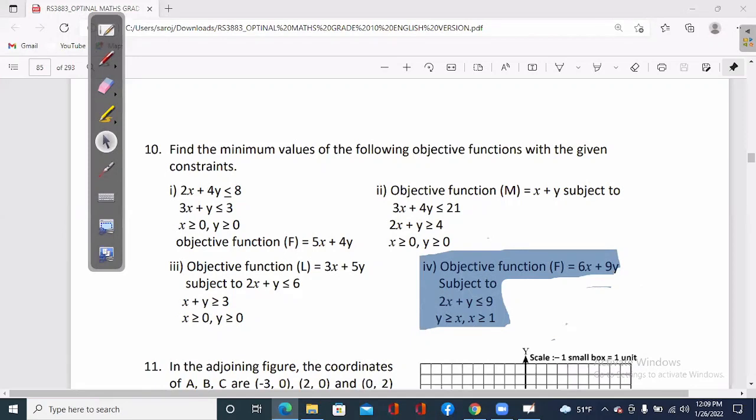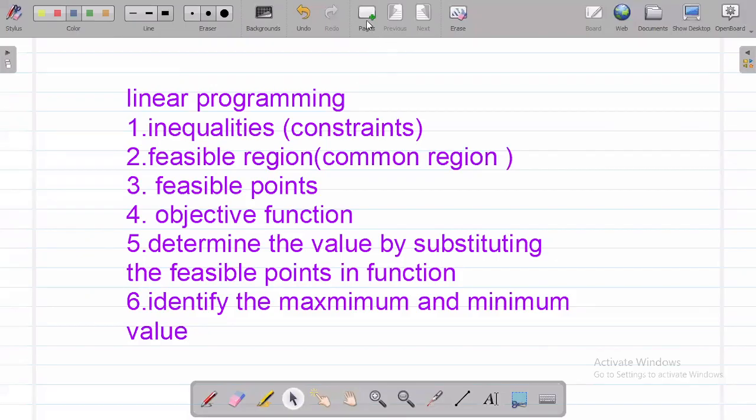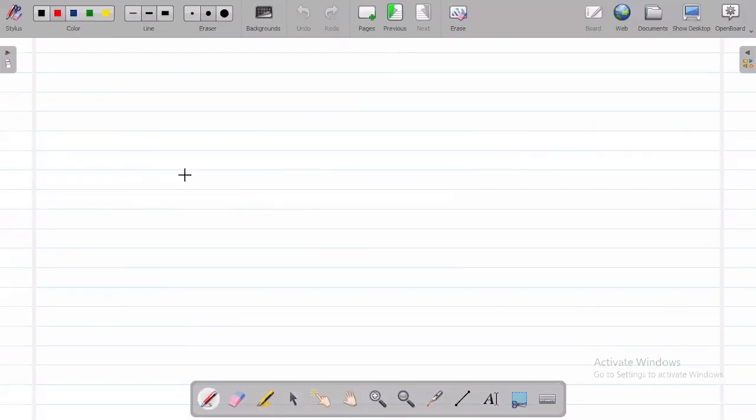Now let's go to the solution. 2x plus y is less than or equal to 9. First of all, please write down: let the corresponding line be 2x plus y equals 9.